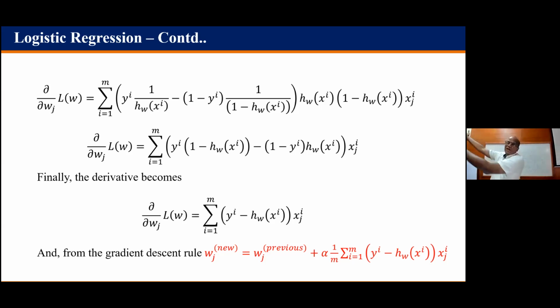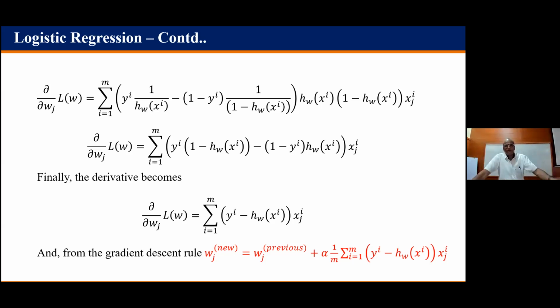Please look outside the brackets to the extreme right. That is also hW of xi into (1 minus hW of xi). Both will get cancelled. When you cross multiply and simplify, the first term's numerator yi gets multiplied by the denominator of the second term, and the second term, 1 minus yi, gets multiplied by the denominator of the first term within the big bracket. And the hW of xi gets cancelled because that is the denominator.